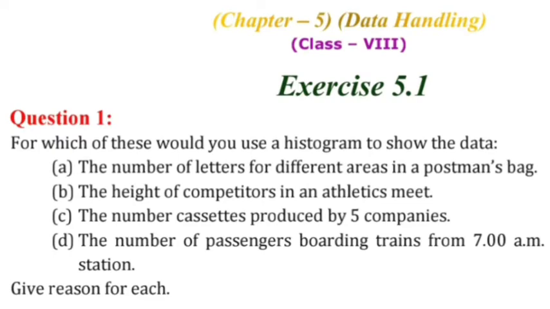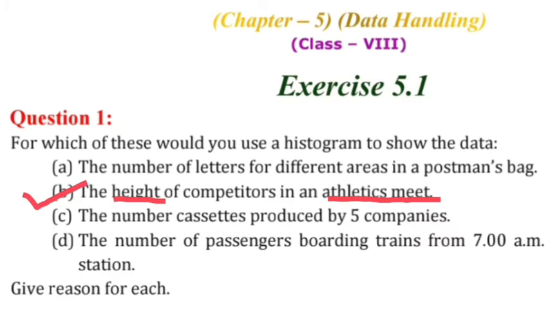Clear? Now the second part is the height of the competitors in an athletics meet. Now we can represent the height in class intervals, like 100 to 110 centimeter, 110 to 120 centimeter, 120 to 130 centimeter. So we can make the histogram of this.